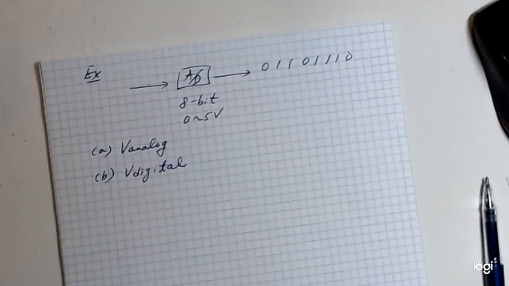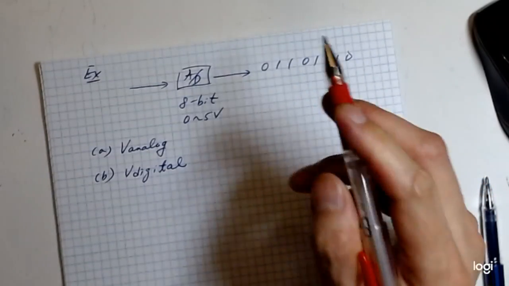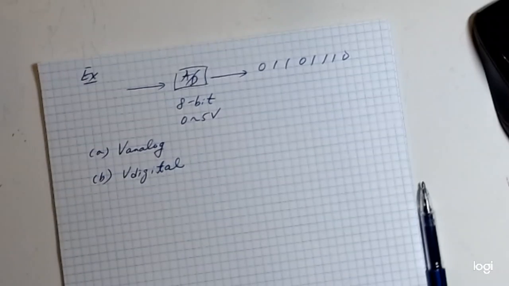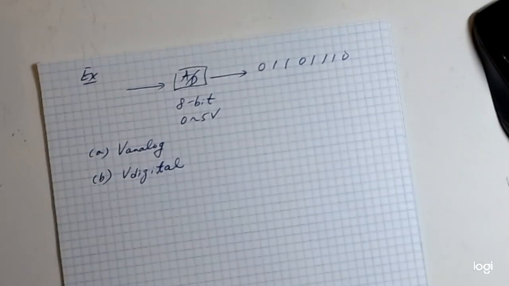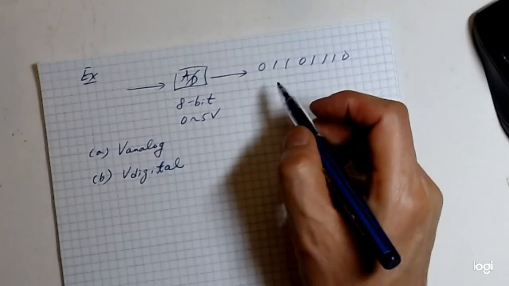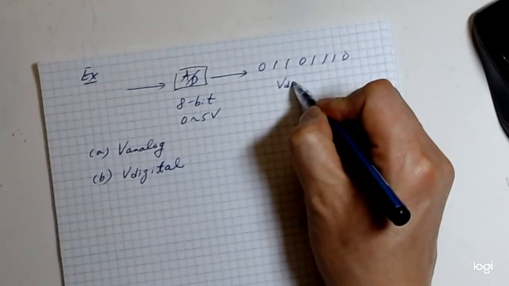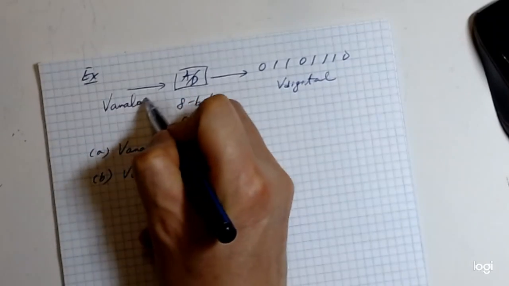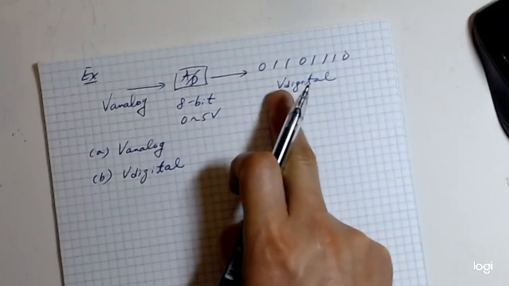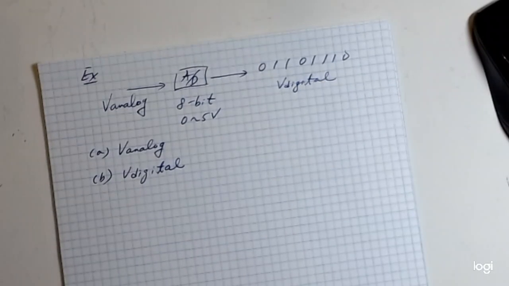First of all, it's 8-bit, 1, 2, 3, 4, 5, 6, 7, 8, so it is 8-bit. It's 0 to 5 volt full scale, unipolar. So the question is, what is the corresponding digital voltage and what analog voltage causes this binary number in the digital?